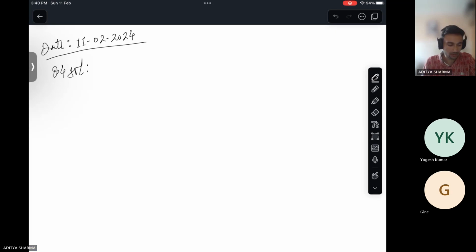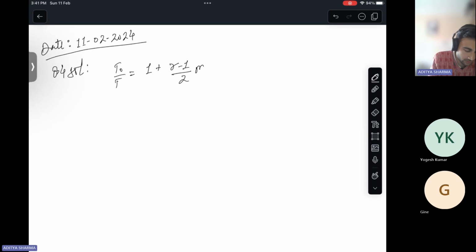All right. So if you see, I had written T naught by T equals to 1 plus gamma minus 1 by 2 M square. All right. So gamma has been given as 1.4, right? By 2, M is 1. So this is nothing but 1 plus 0.2, that is 1.2.